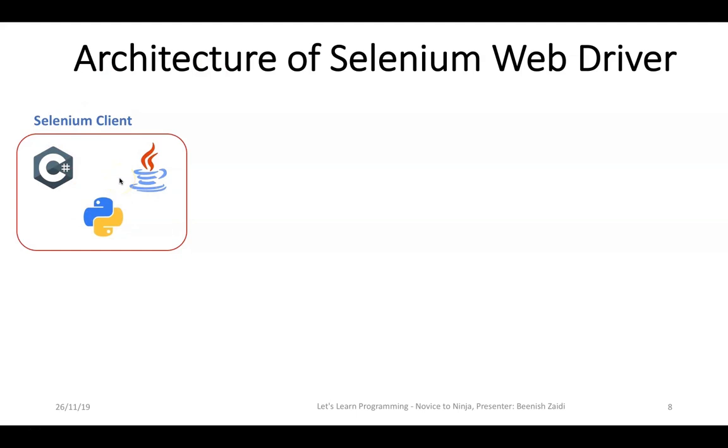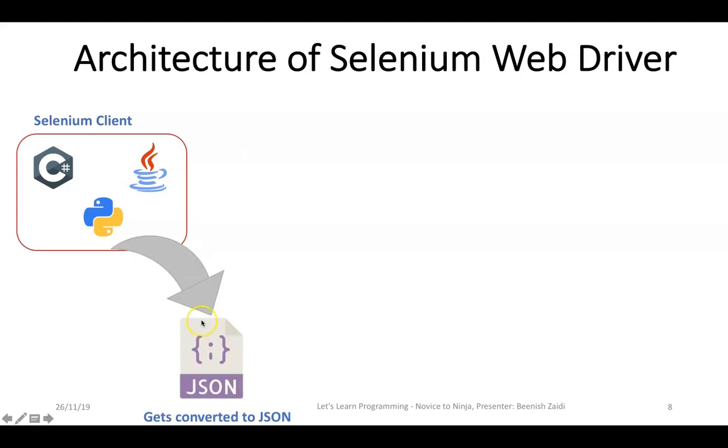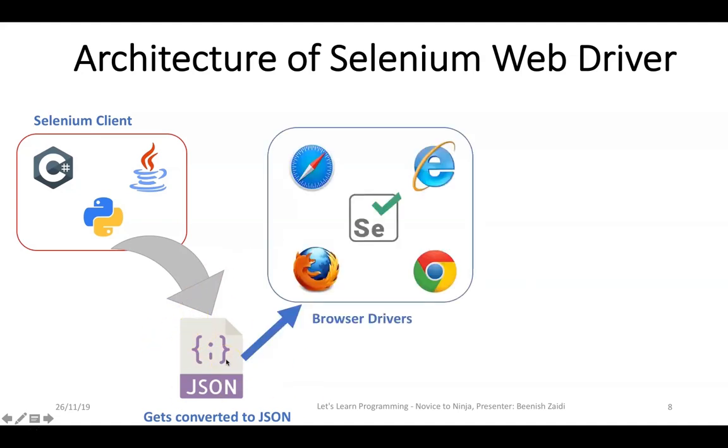Once you have written it, the test script gets converted into an intermediate form, that is a JSON format. When any kind of request is invoked, the intermediate transition is to a JSON format. And then it starts interacting with the web drivers, which I'll talk about in a minute.